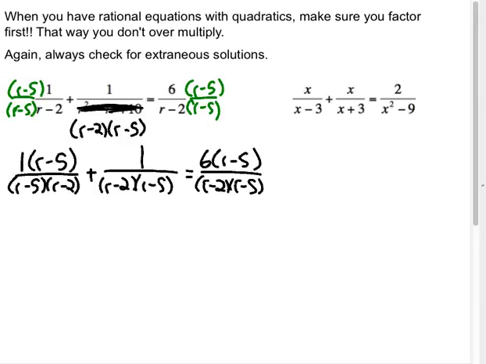By multiplying those r minus 5s into the other pieces, now I have my common denominators. Once I have the common denominators, I'm going to multiply both sides of my equation by it, and essentially it cancels off of everything. So I'm going to have only the numerators left to deal with.